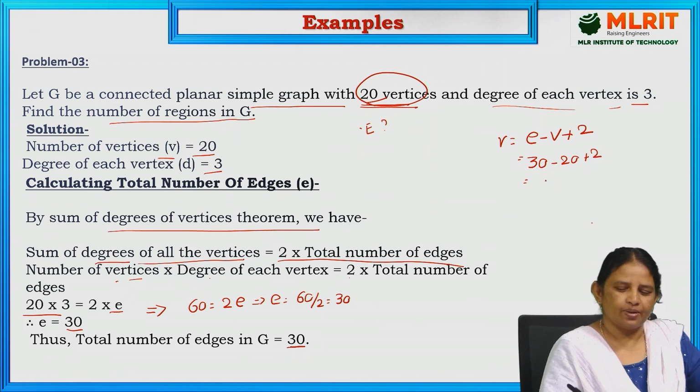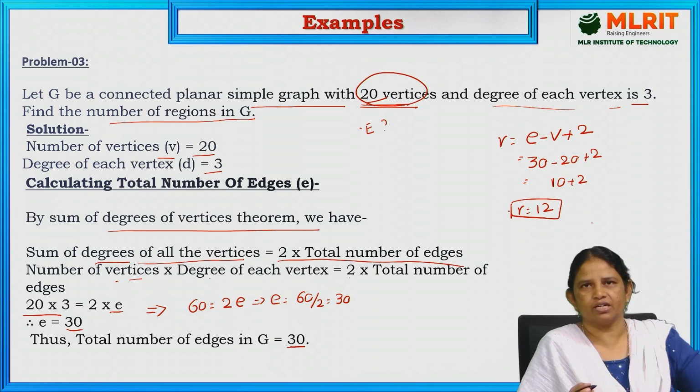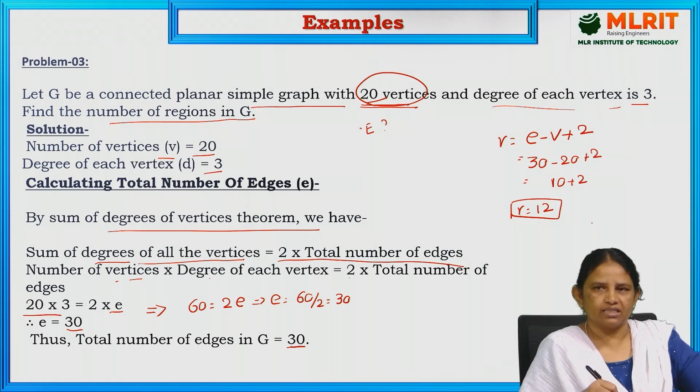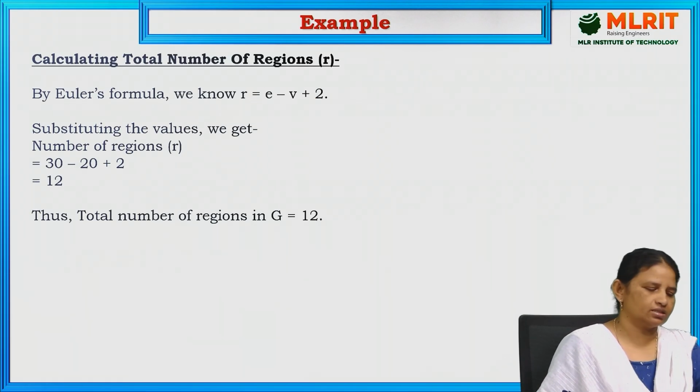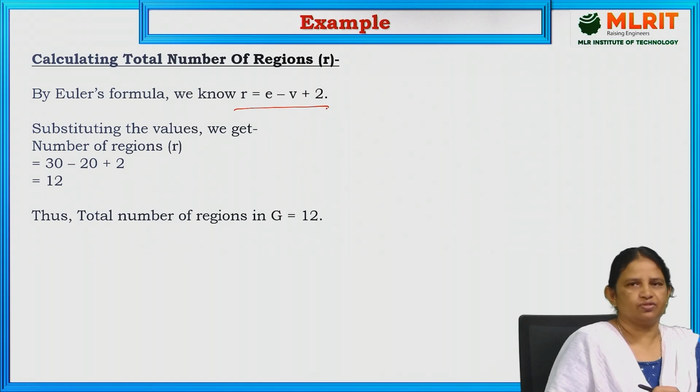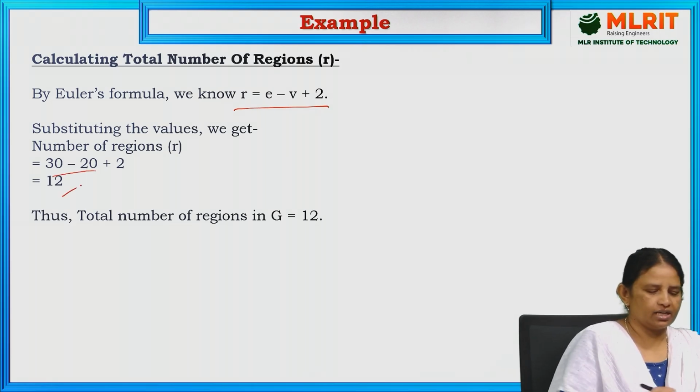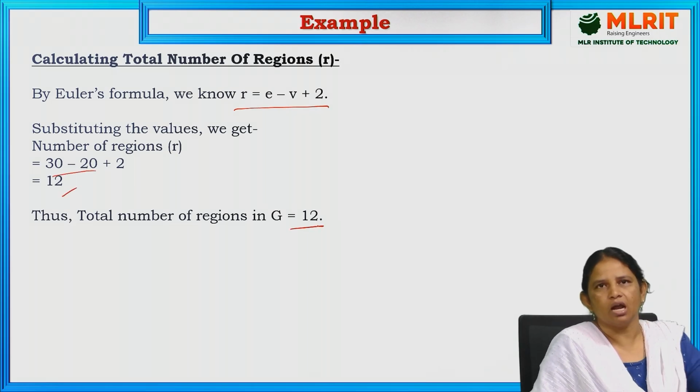That is 30 minus 20 is 10, plus 2, R equals 12. Total 12 regions are present if the graph consists of 30 edges and 20 vertices. Total number of regions is 12 in the given graph.